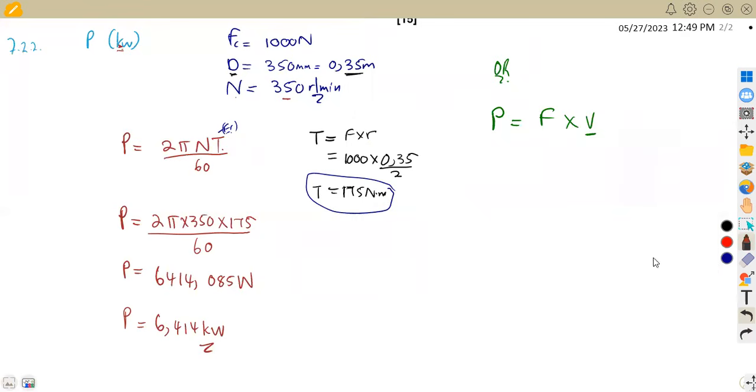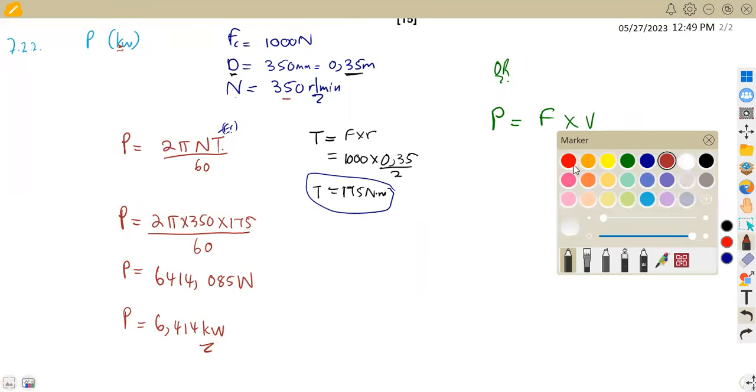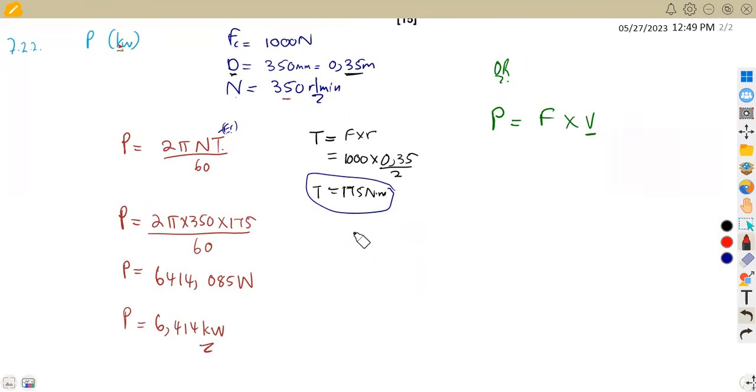Remember that velocity is simply taken from this formula. Remember that V is equivalent to pi dn, where this d is in meters diameter, n must be in revs per second. But if you are given the revs per minute, therefore we divide by 60 to convert. That is for a conversion to revs per second. All right. So this is over 60.